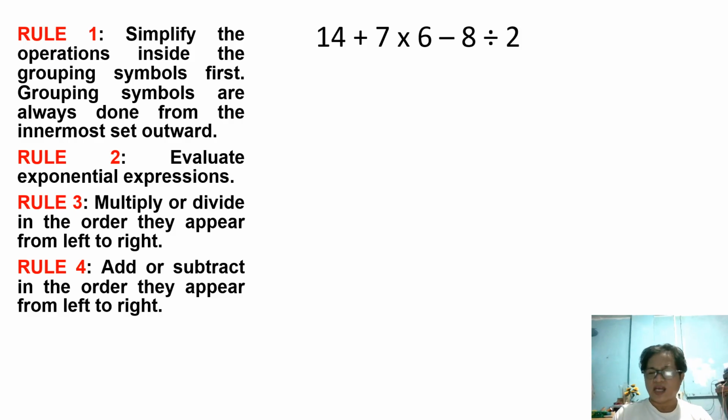Since there is also none, then you can now go to rule number 3, which says multiply or divide in the order they appear from left to right. So we are going to multiply or divide. What are the numbers to be divided and what are the numbers to be multiplied? So we have 7 times 6, which is equal to 42, and 8 divided by 2 is equal to 4.